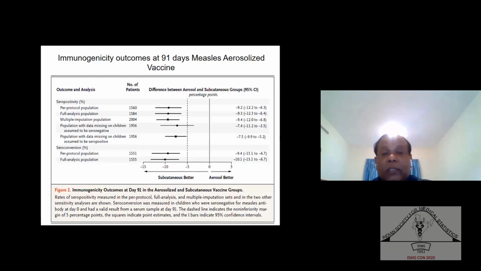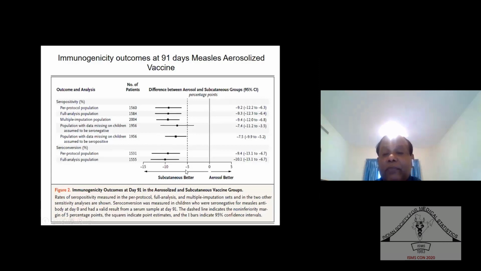Now, I wanted to ask you the question. If I put the margin to 10%, so for example, had we decided 10% is a non-inferiority margin, what shall we conclude? Is it still not inferior or inferior? The lower limit is still away from the 10%, therefore still it is inferior. Maybe at 15% you could conclude not inferior.